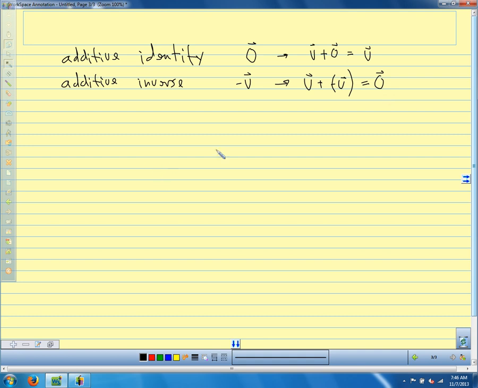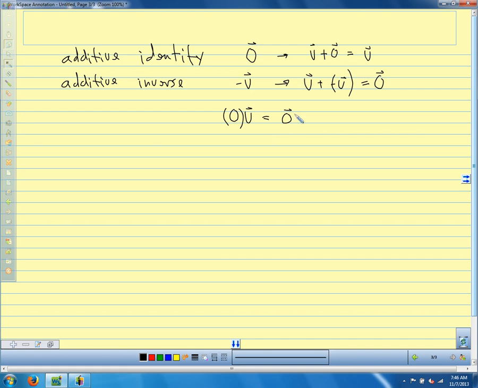And then 0 times any vector gives us the 0 vector. So again, multiplying this by a scalar, we don't get a zero scalar, we get a zero vector.